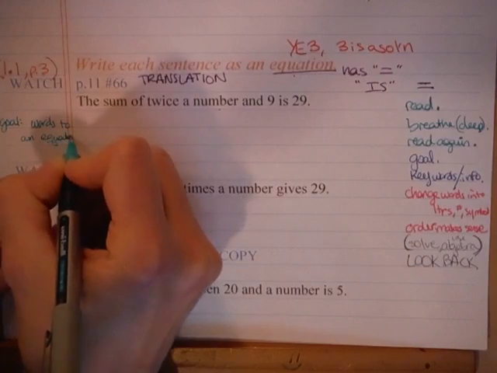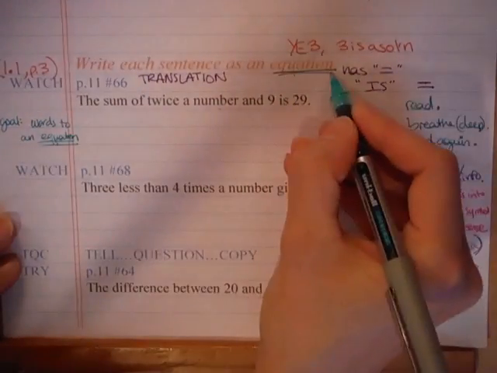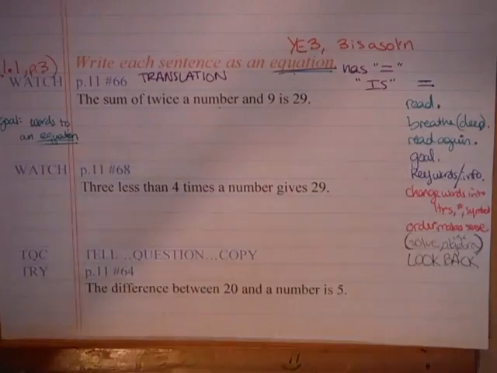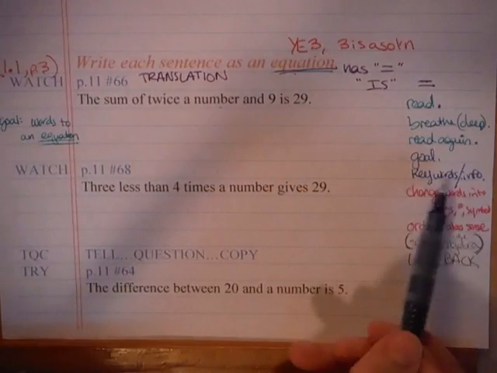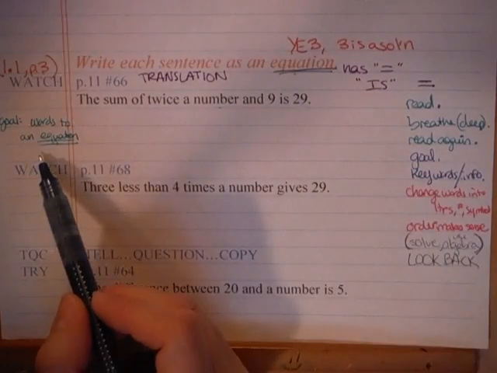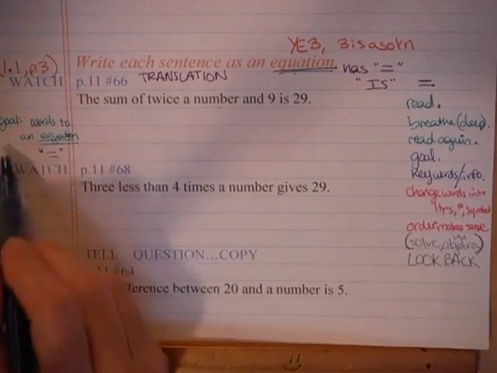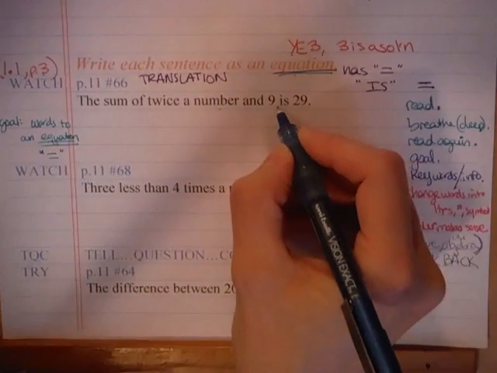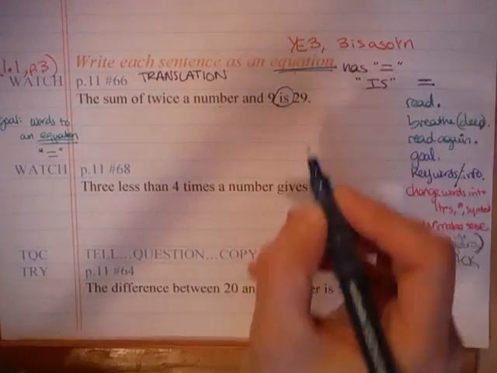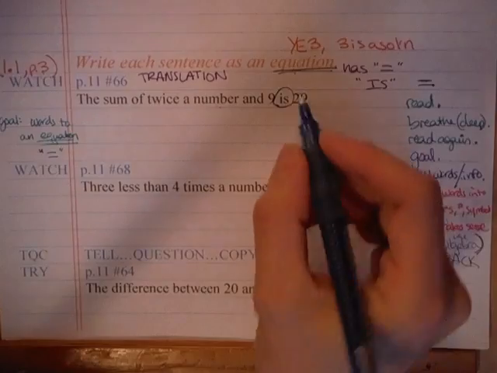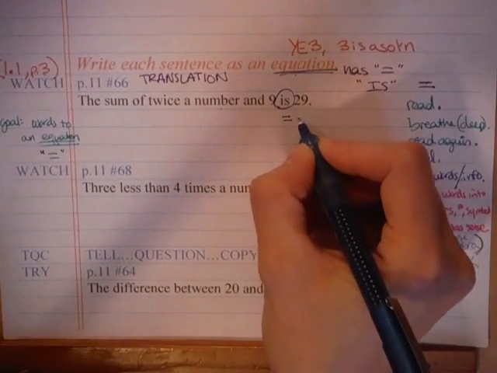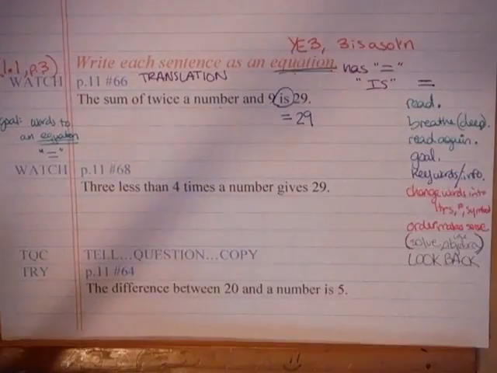Remember, the instructions this time said we were going to come up with an equation. So I know there's going to be an equal sign. So as I look for keywords and info, one of the things I'm paying attention to is there should be a keyword that hints where that equal sign is going to go. And maybe it's already kind of jumping out at you from the page here, but there's that "is". Okay, so we know that there's going to be an equals 29 here at some point in our equation.